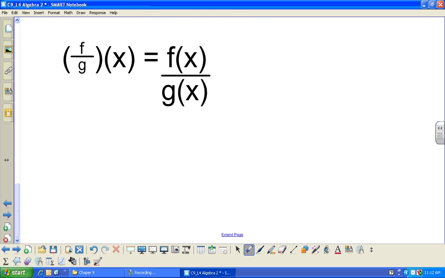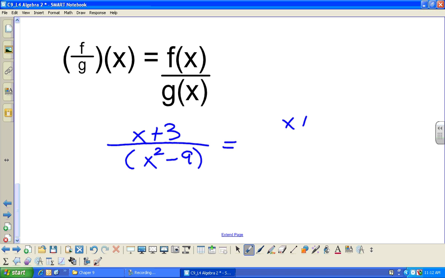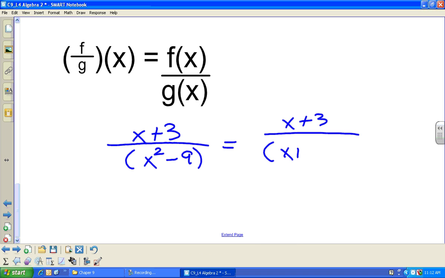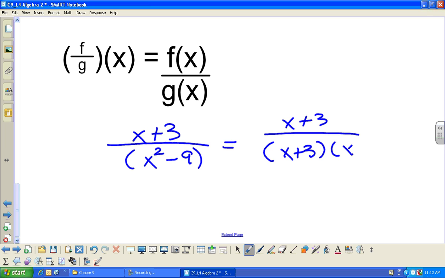And the function of f divided by the function of g. I should factor the bottom. Two numbers that multiplied to get -9 but add together to get 0 will be +3 and -3. And I should find my excluded values.